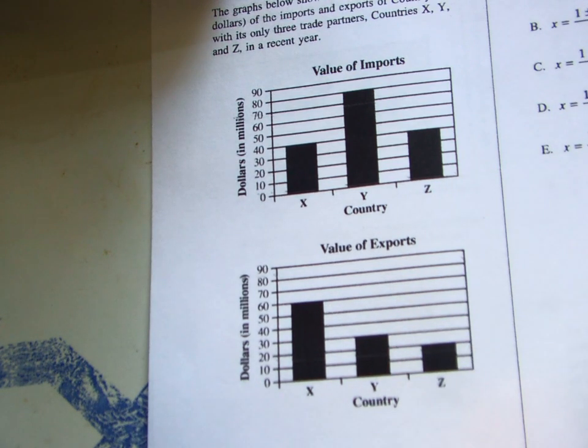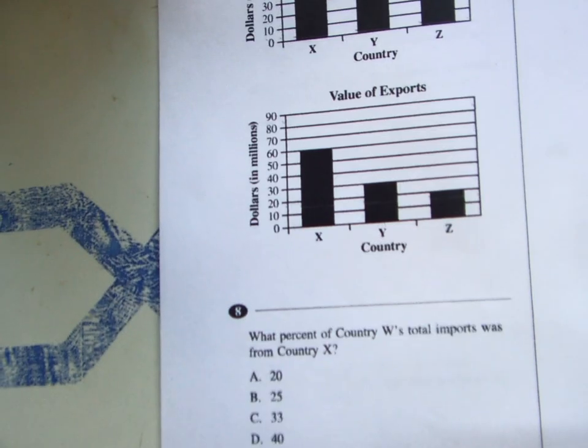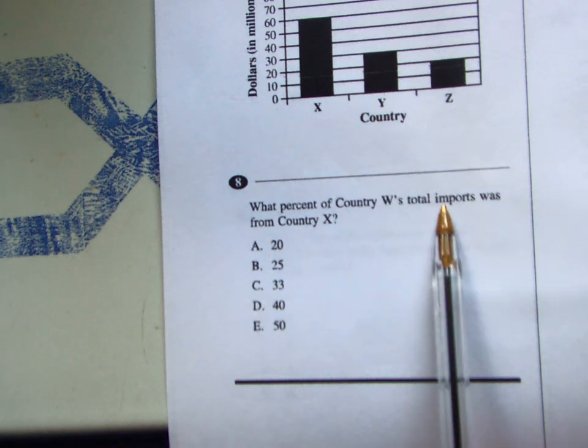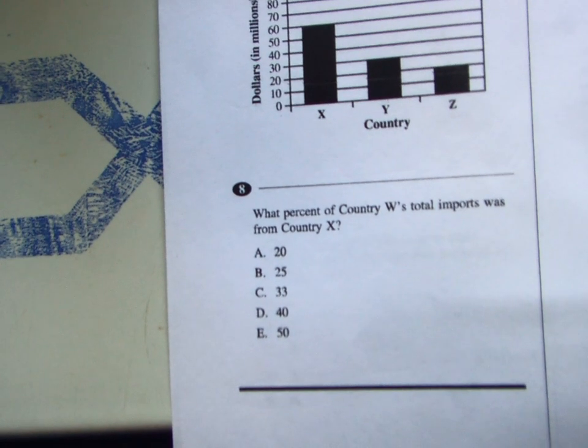Now, what is the question? Okay, let me turn to the question now. So read the question. And then since it's about the imports, you want to see that top chart again.